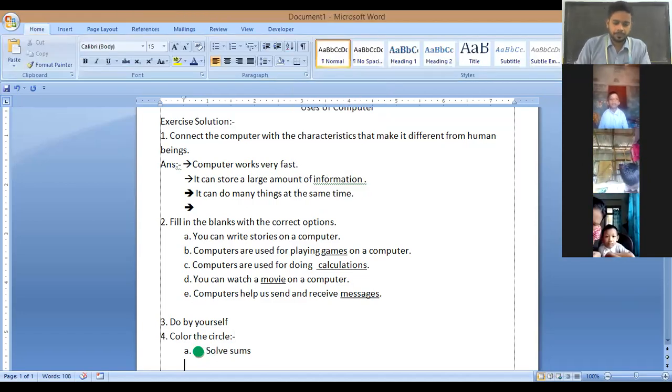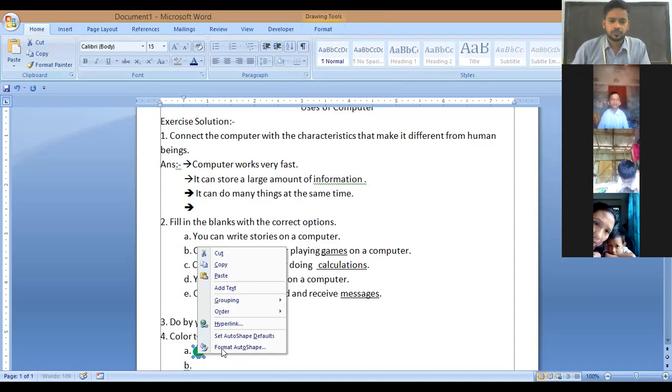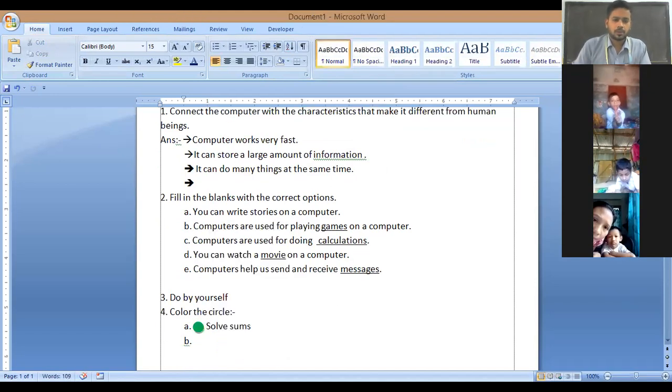Now number B is wash clothes. A computer cannot wash clothes.